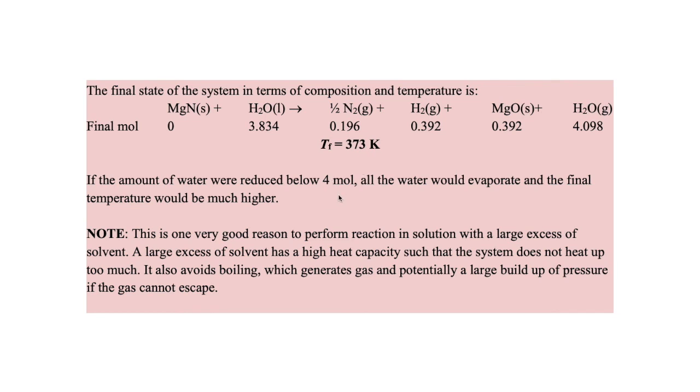Now, if we had reduced the quantity of water below 4 moles, then we would have been able to boil off all the water and we would heat the system significantly above the boiling point of water.